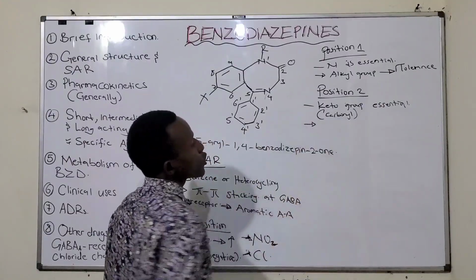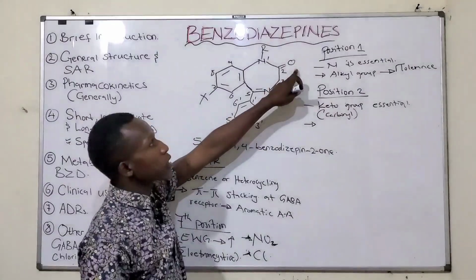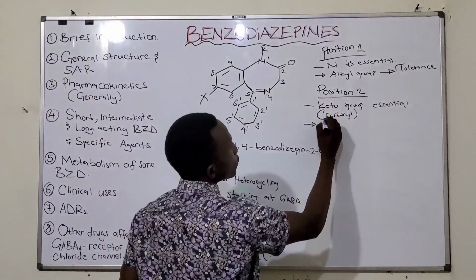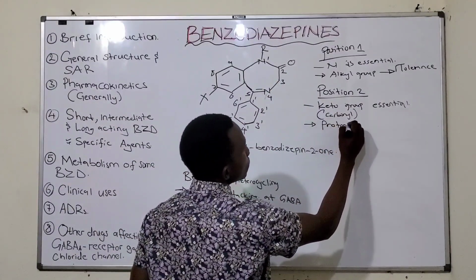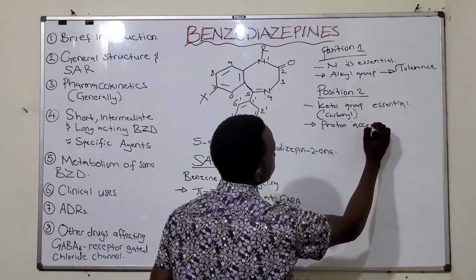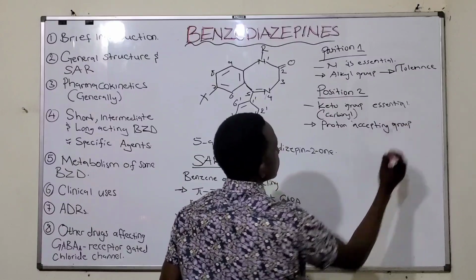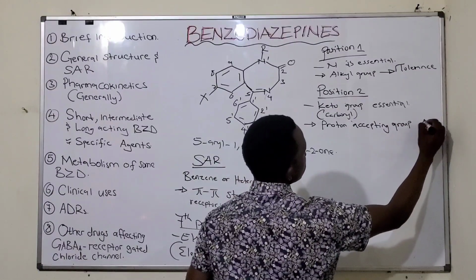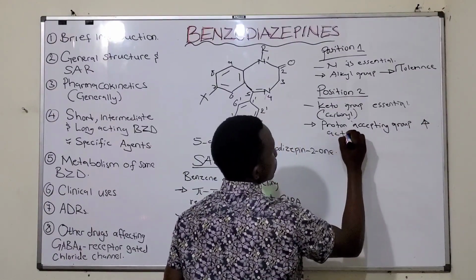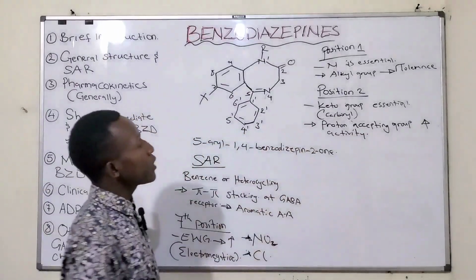And addition of a proton accepting group here, of course, this oxygen is a proton acceptor, and other proton accepting groups, increases activity. It increases the activity of the drug.